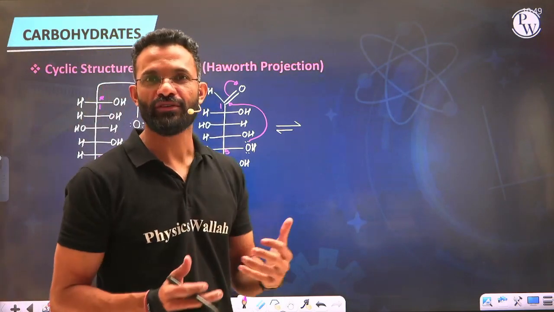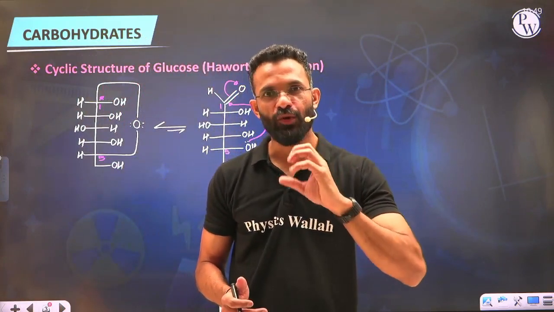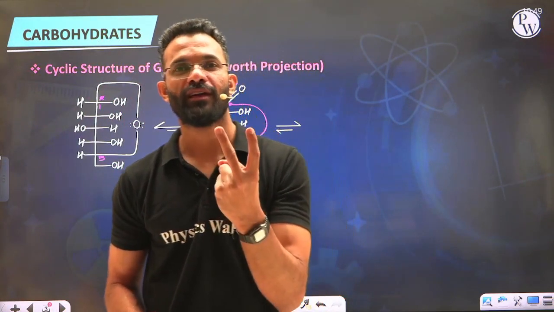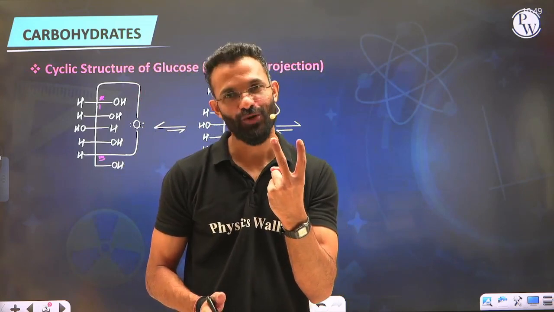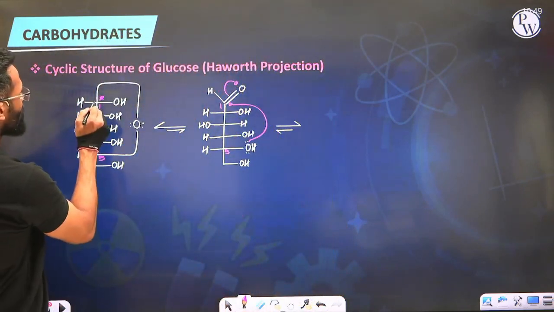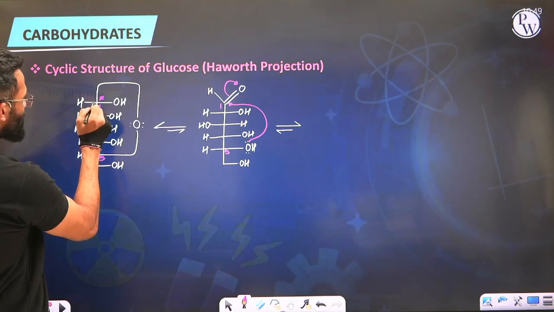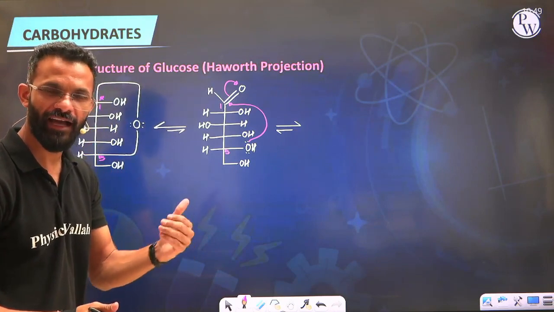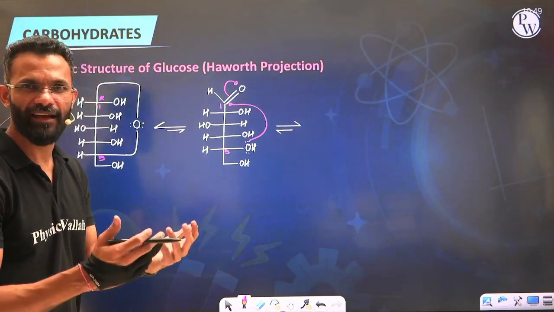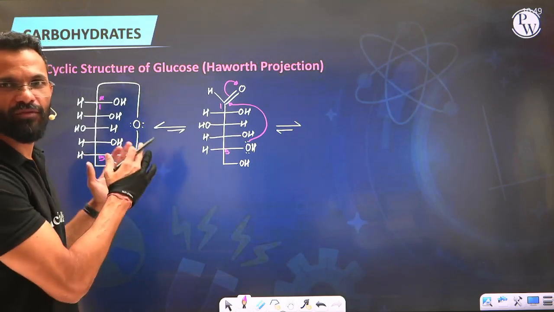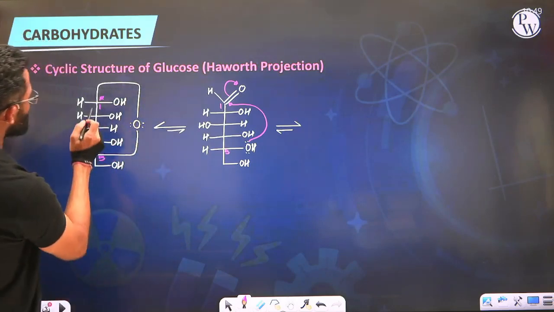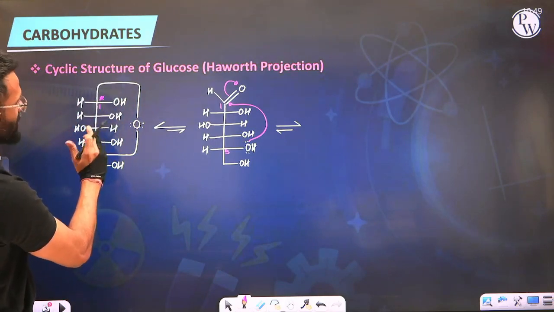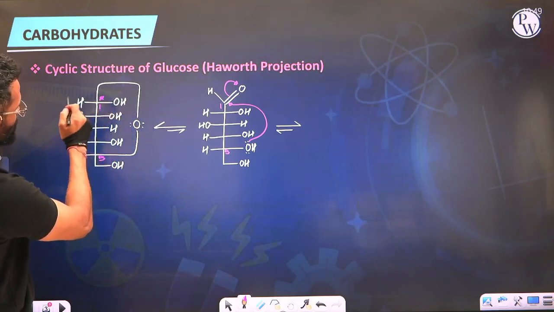So what has stereochemistry taught us? If in any compound there is a newly formed chiral carbon atom, then with respect to that chiral carbon atom, 2 enantiomeric forms will exist, which we either call capital R and capital S, or you may call D and L. But while representing them in the form of a Fischer projection, if at this newly formed chiral carbon atom I'm putting OH to the right in one of the enantiomeric forms, then in the other enantiomeric form this OH must be put to the left.